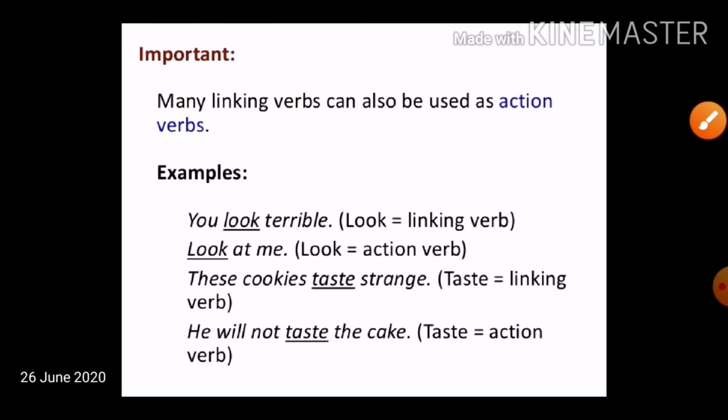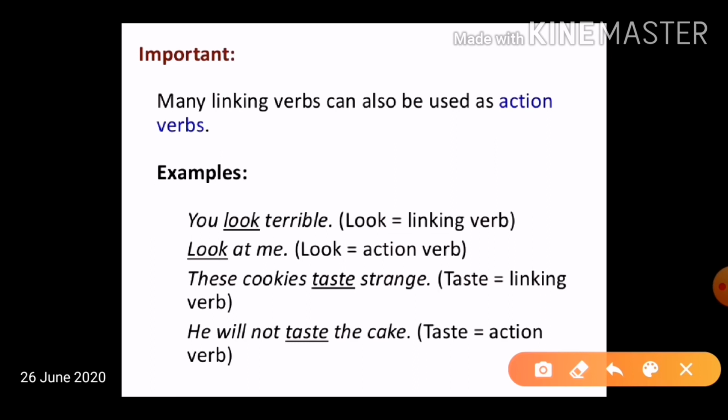Many linking verbs can also be used as action verbs. For example, you look terrible. When you say you look terrible, there is no action happening in the sentence. But when you say look at me, and he actually looks at you, there is action happening with that person.